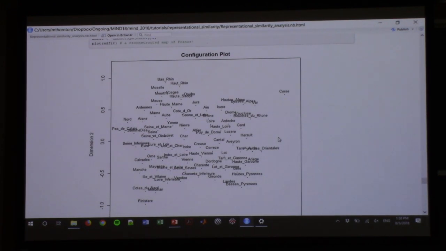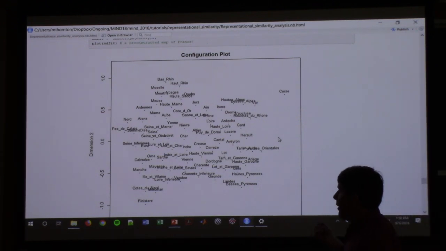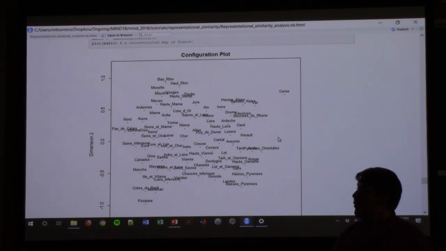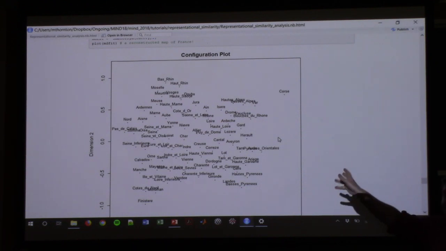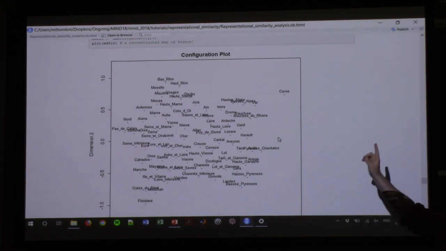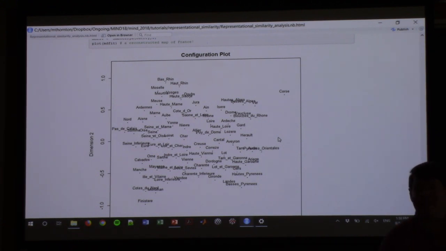This is an MDS generated by feeding into an MDS algorithm all the airline distances between cities in France. And you can see what comes out of it is actually a really pretty good reconstruction of a map of France. Now, this also illustrates one drawback of MDS, which is that this is rotated. The north is not pointing up because the MDS doesn't know anything about north. It just knows about distances.